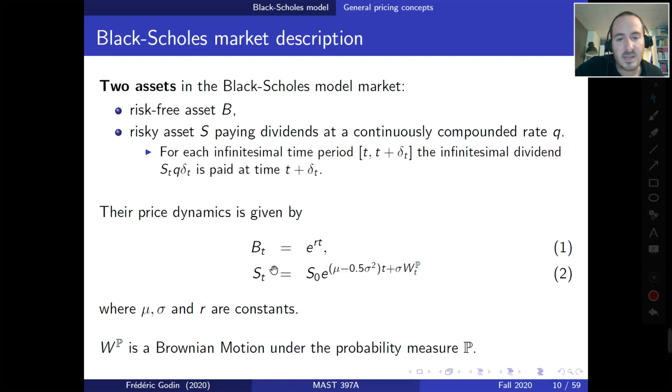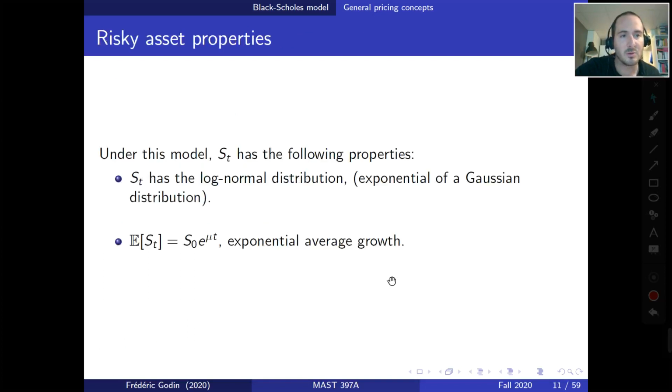So the risky asset price is a constant times the exponential of a normal random variable. It's straightforward to show that this has a log normal distribution. If you have a normal distribution and you take its exponential, this becomes log normal. Furthermore, as we mentioned, it's possible to show that the expectation of the stock price at time t is its initial price times the exponential of mu t. So mu can represent the average growth rate of the stock in this model.